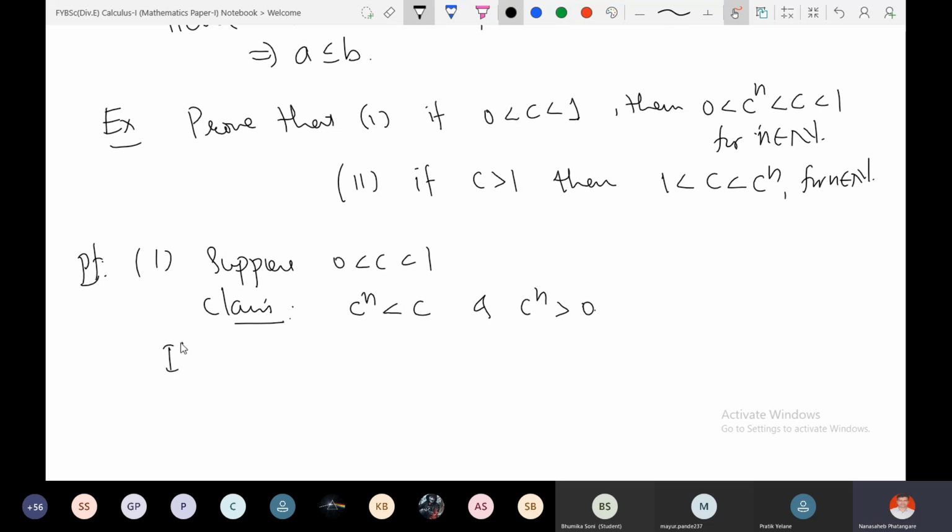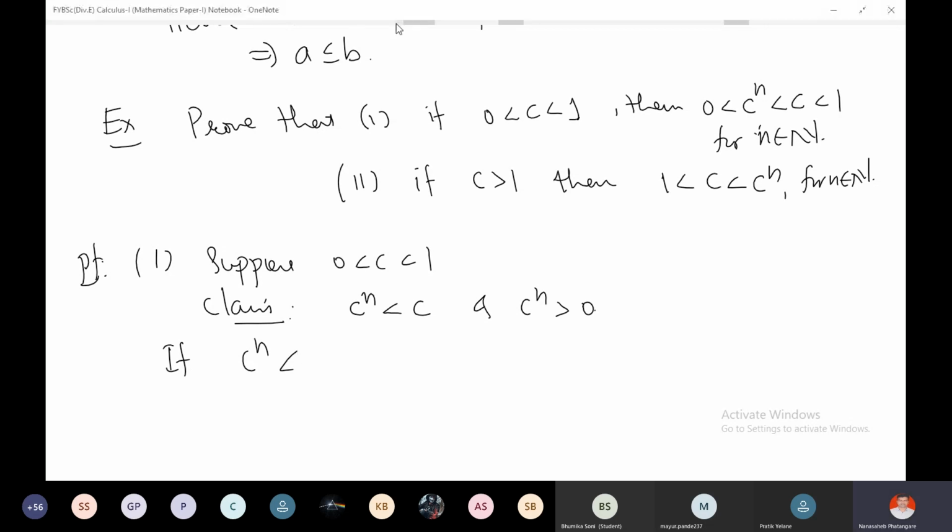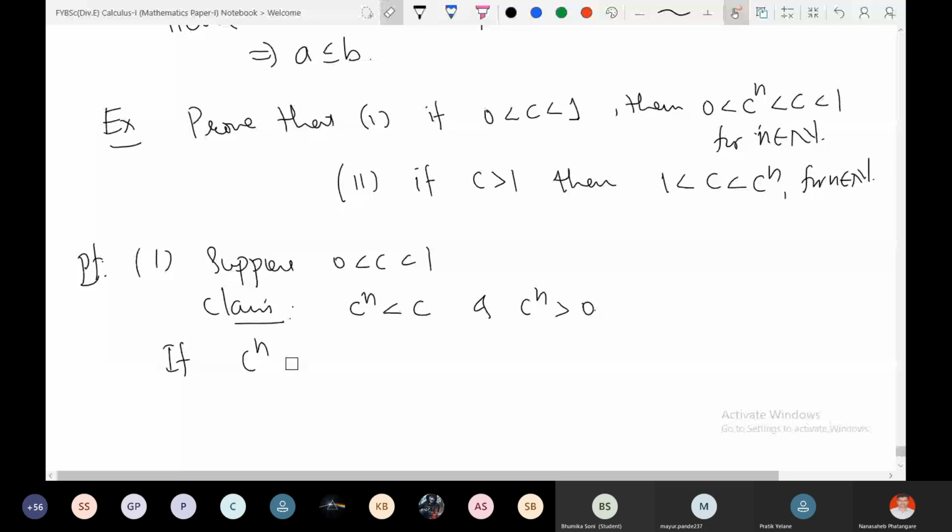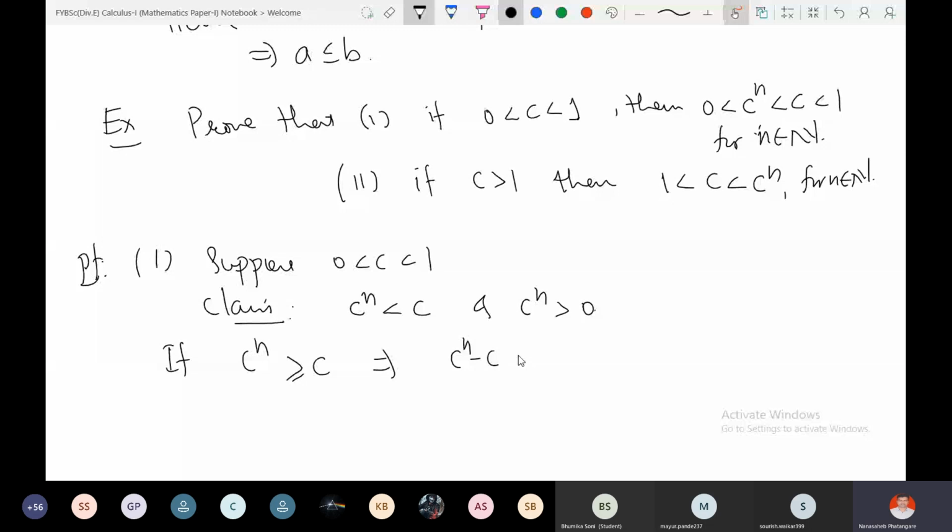Suppose c raised to n is not less than c, what will happen? Then c lies between 0 and 1. If c raised to n is not less than c, then it will be greater than or equal to c. That means c raised to n minus c is greater than or equal to 0.